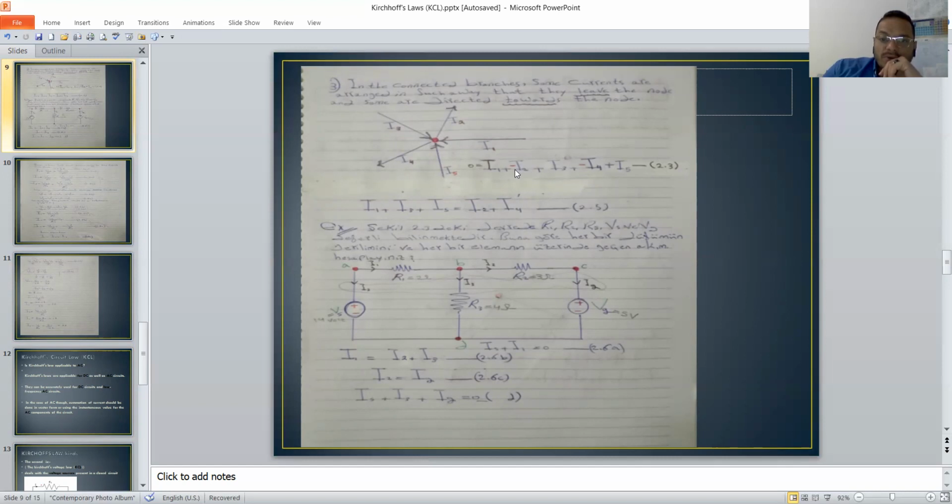Here we just put the minus elements on the other side, to make the equation I1, I3, I5, the input currents, equal the output currents, I2 plus I4. Like we see here, we just have 2 currents going away from this node.